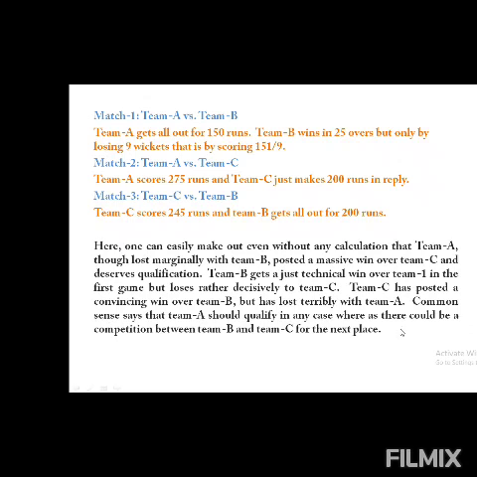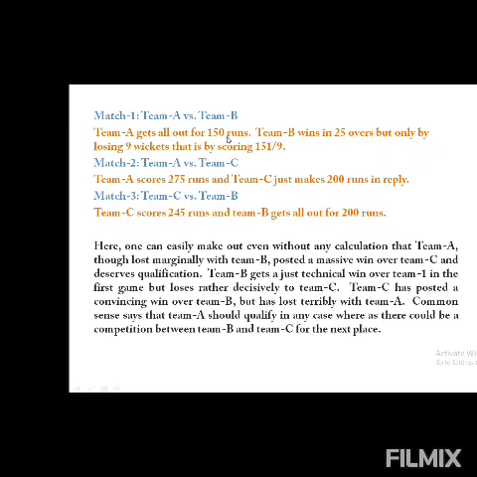But if you apply the NRR rule here, it doesn't consider that team B had lost 9 wickets when they posted that victory over team A. And since team A got all out, it will consider that team A has played all 50 overs.